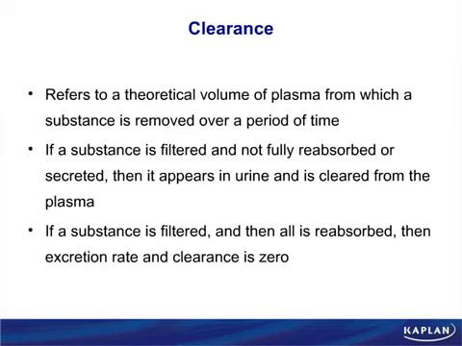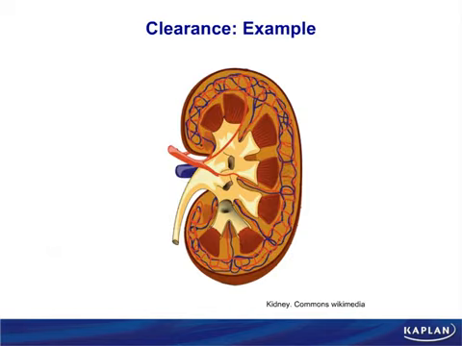Or if a substance is filtered and then completely reabsorbed, that substance is not excreted and the clearance is 0. Albumin, for example, is not filtered. Therefore, albumin is not cleared.